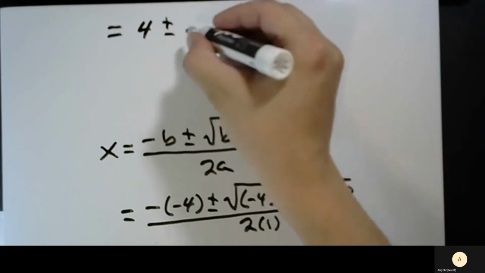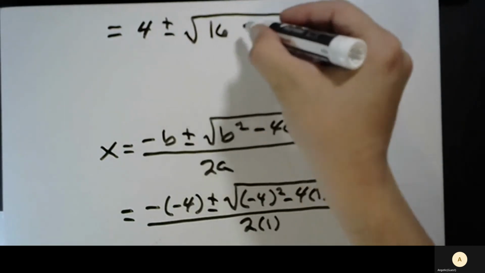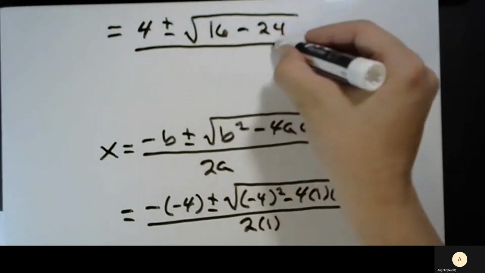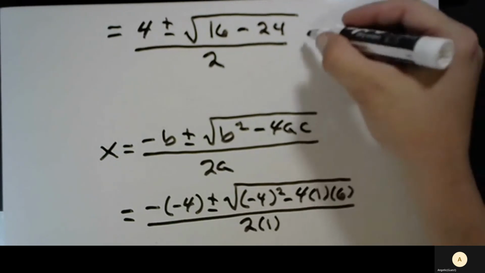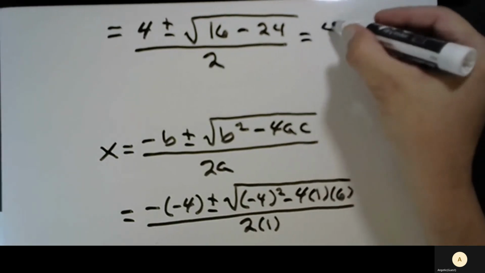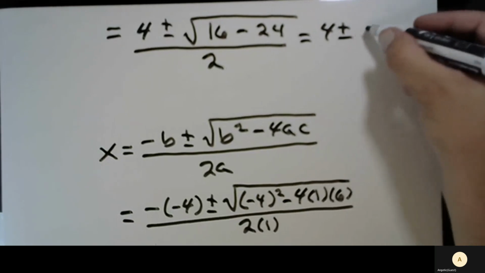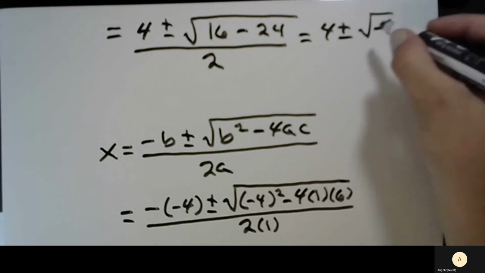4 plus or minus the square root of 16 minus 24 over 2. And this is where we're going to start to see things indicate that we're not going to be able to find x-intercepts, because this is going to be the square root of -8.